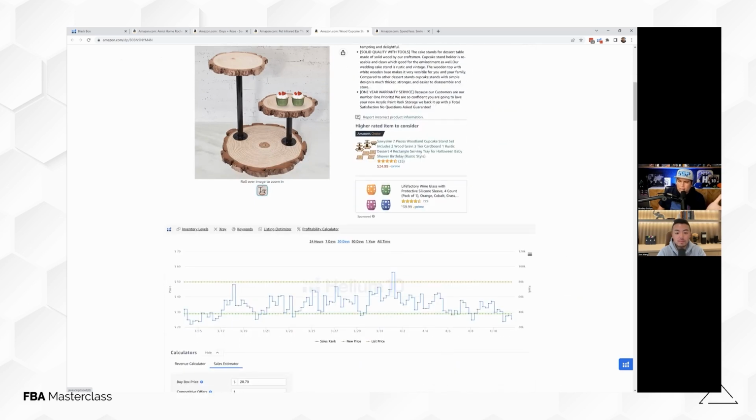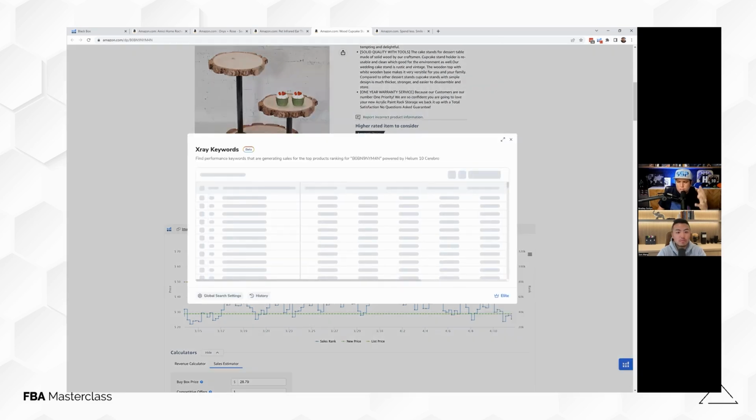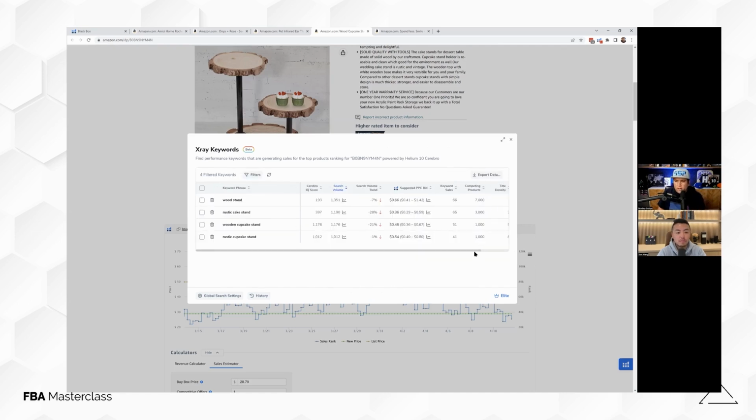So what I like to do is get an instant look at what keywords they're getting some sales from. So let me run Xray keywords here. And this will tell me what keywords they're ranking highly for, if any. All right, and so we can take a look here.